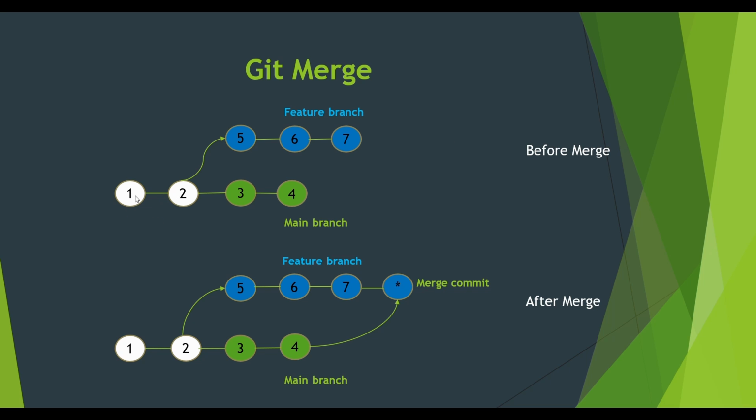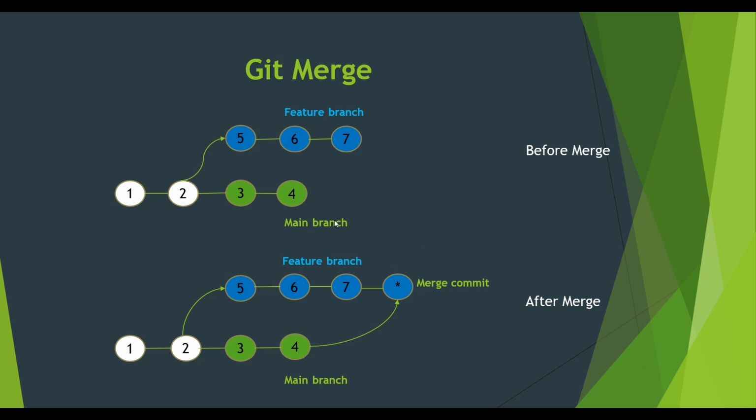Let us understand this scenario. We are using the very same diagram which we just discussed as a use case. We have a main branch with commit IDs 1 and 2, and someone has made changes in the main branch itself with commit IDs 3 and 4. During commit ID 2, a feature branch got created and changes were made with commit IDs 5, 6 and 7 respectively. When we perform a merge, what happens as a result?